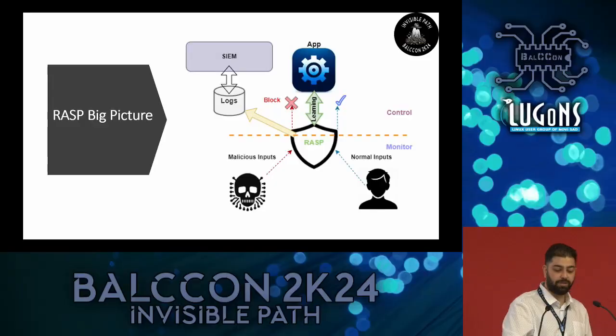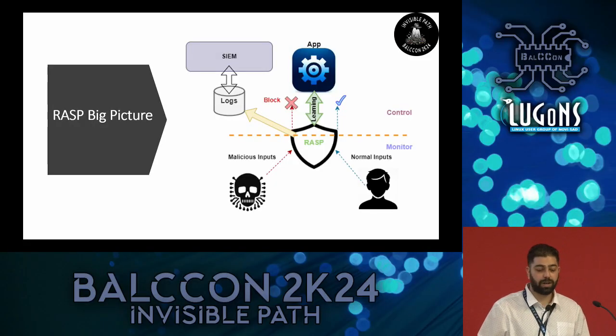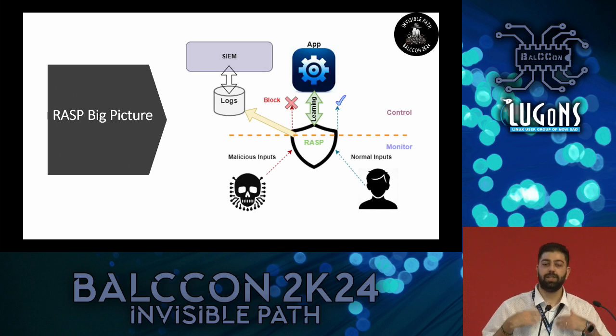Within the monitor mode, while RASP is still learning, as I said before, it can be integrated with your SOC, and you can aggregate all of those logs and send them to another place for further analysis. And in control mode, there will be additional steps, not only logging, but also mitigation in real time.